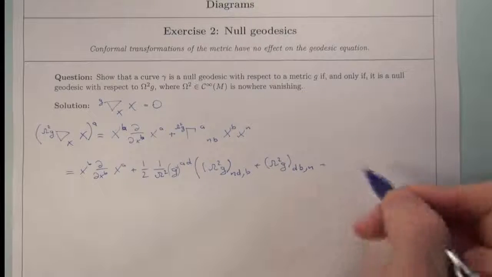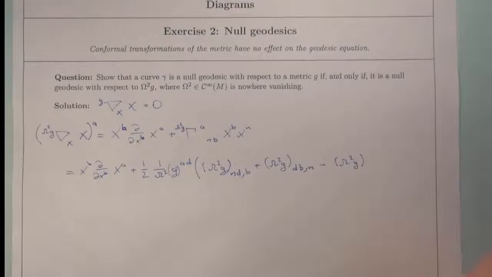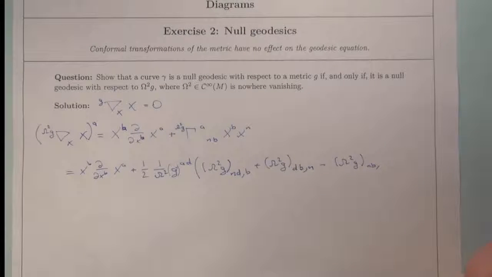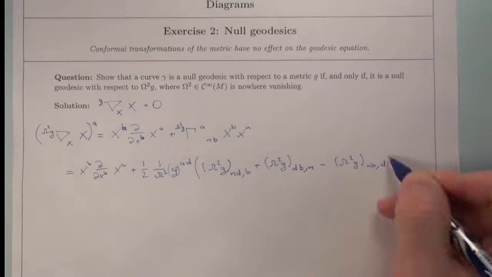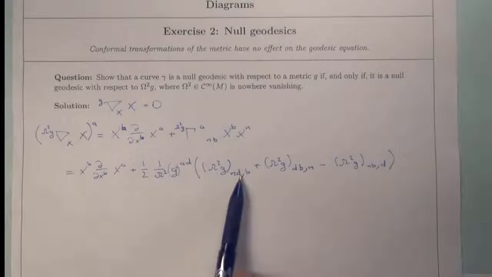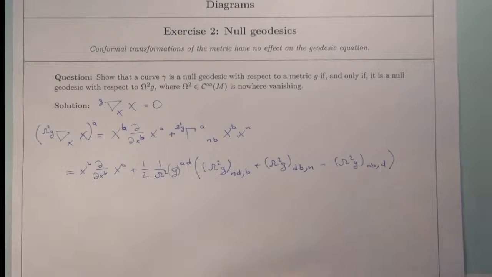That's the next one, minus omega squared g, and here we have n b, and here it is d. So we check, we need n b down here, the 1 is replaced by the summation here, and we derive with our symbol. So this comma again means d by dx^b, here d by dx^n, d by dx^d. Okay, that should be correct.